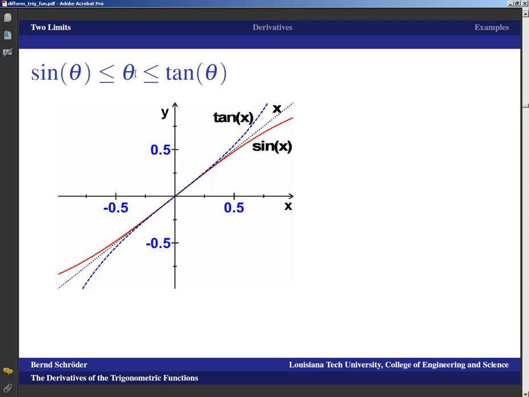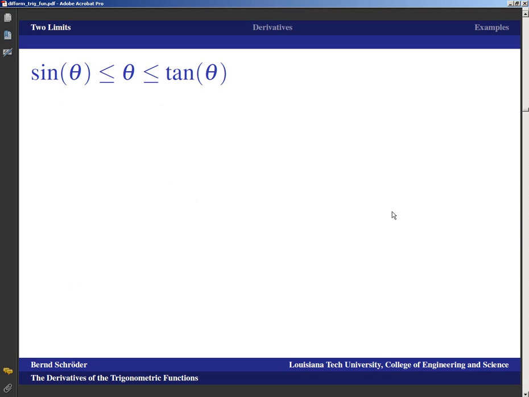So that again reflects this inequality, and this picture is something to be kept in mind, because every so often in an applied class people also pull out the fact that for small angles, sine theta, tangent theta, and theta itself are approximately equal. We can see that here by all these three graphs being approximately the same near the origin. So this is a picture that is well worth keeping in mind.